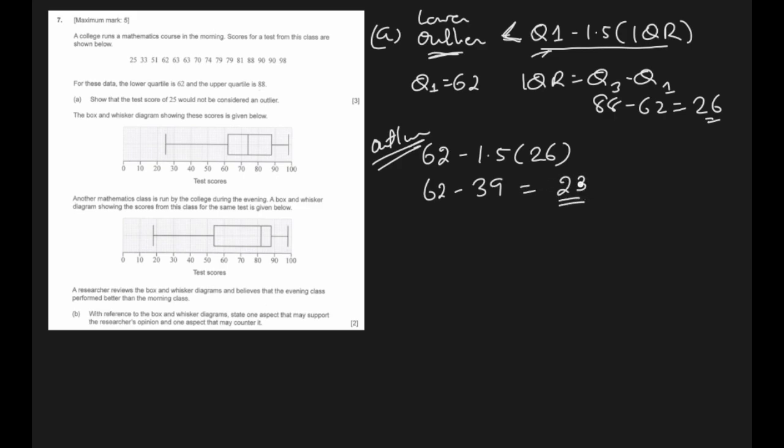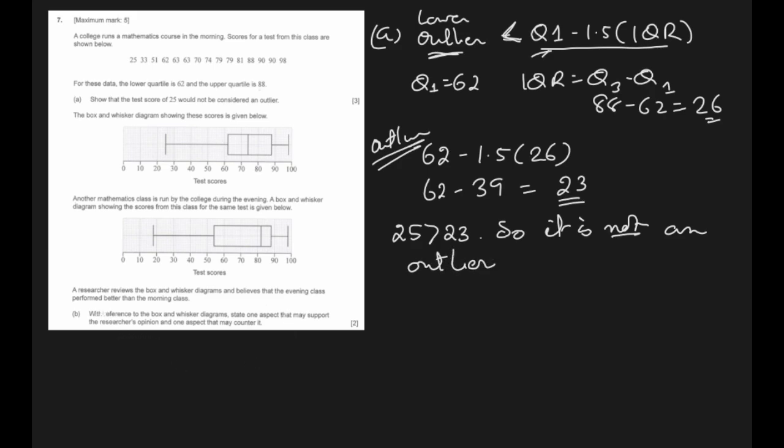So 23 and below are outliers, but this is 25. So we can say that 23 is less than 25, or we can write the reverse because we are verifying for 25. So we can say that 25 is greater than 23, so it is not an outlier.